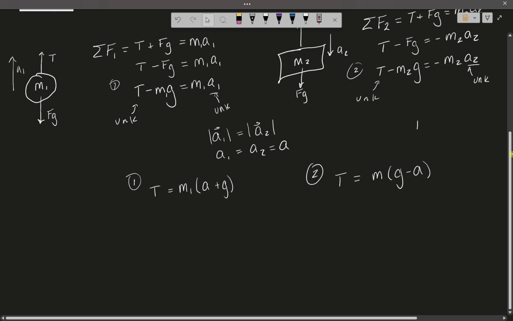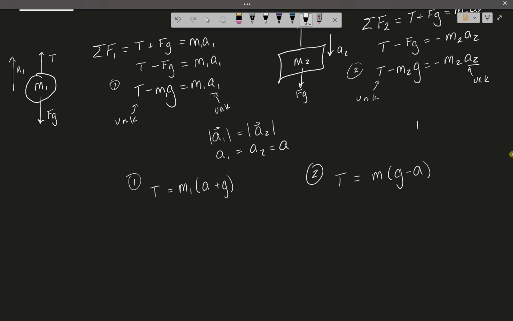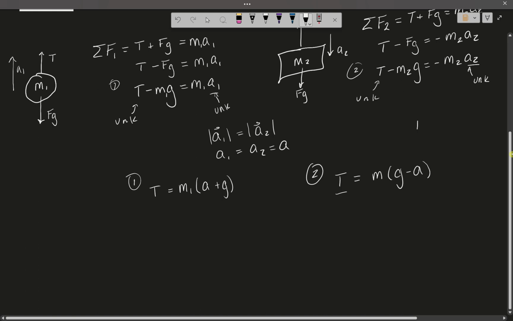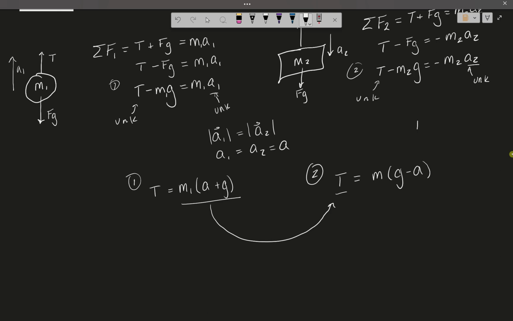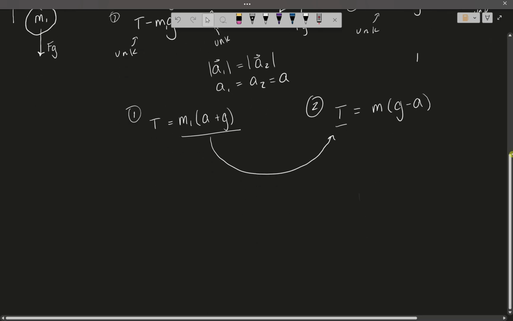I don't want to replace the a's because that's what I'm solving for. So I'm going to replace the T in my second equation with this m1 times a plus g. That's because the magnitudes of these tensions are going to be equal to each other.